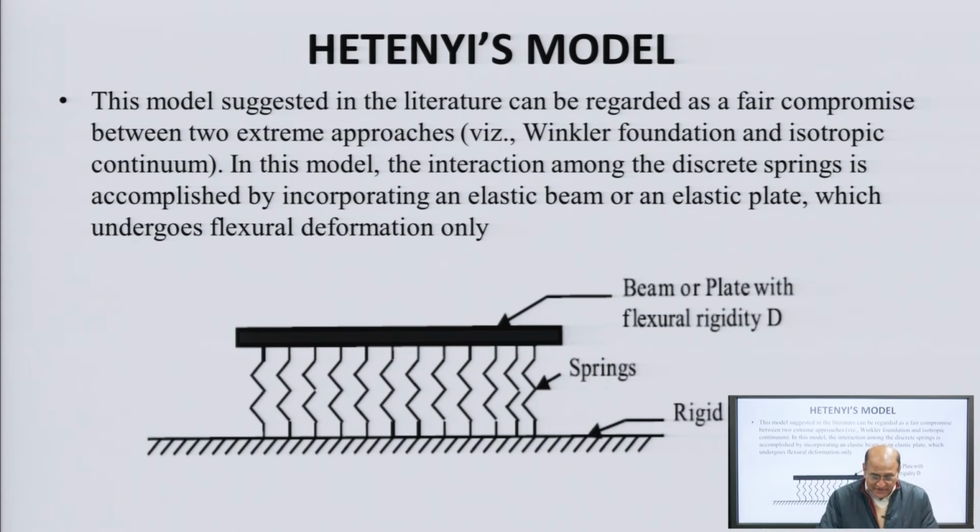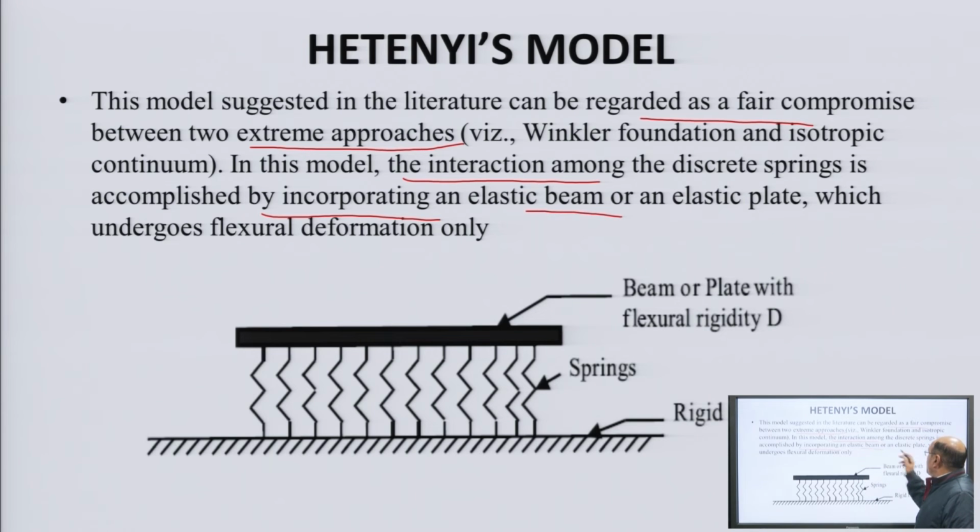The next is the Hetenyi model. This model suggested in the literature can be regarded as a fair compromise between two extreme approaches. In this model the interaction among the discrete springs is accomplished by incorporating an elastic beam or elastic plate which undergoes flexural deformation.